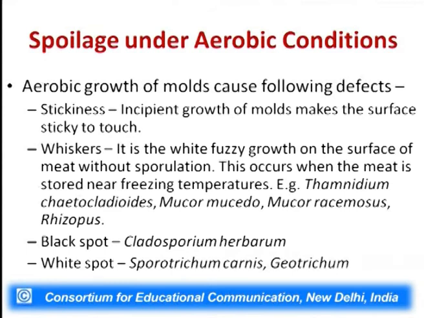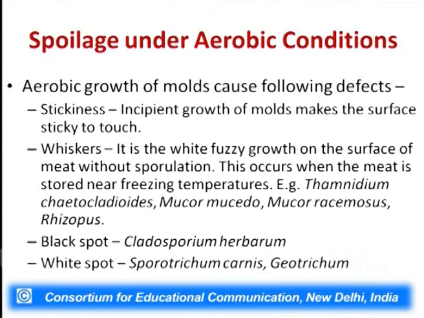Normal vegetative growth may take place, but sporulation may not occur as the temperature may not be suitable for the formation of spores. So, this kind of growth is called whiskers, and in this sporulation does not take place.